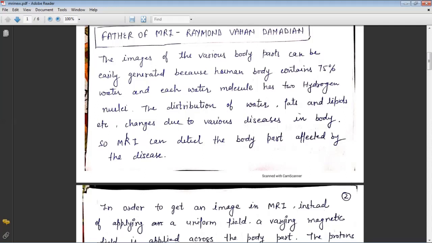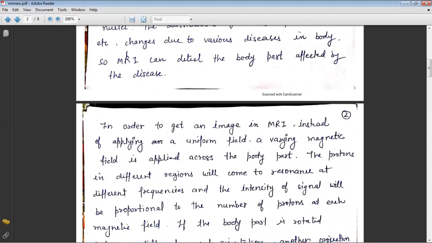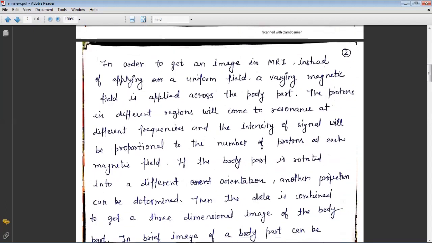The distribution of water, fats, and lipids is changed due to various diseases in the body, so MRI can detect the body parts affected by disease. In order to get an image in MRI, instead of applying a uniform field, a varying magnetic field is applied across the body part.